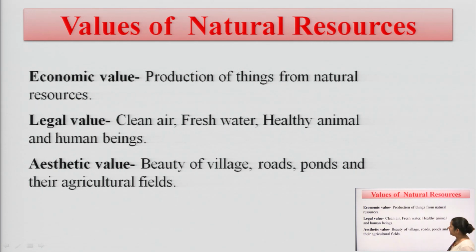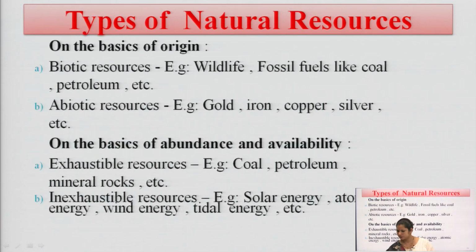Legal value means clean air which we are taking, fresh water which we are taking, healthy animals and human beings. These all are the legal value of our natural resource. Aesthetic value means the beauty of a village, how our village is beautified, roads, ponds and agriculture fields. These all come under the aesthetic value of our natural resource.